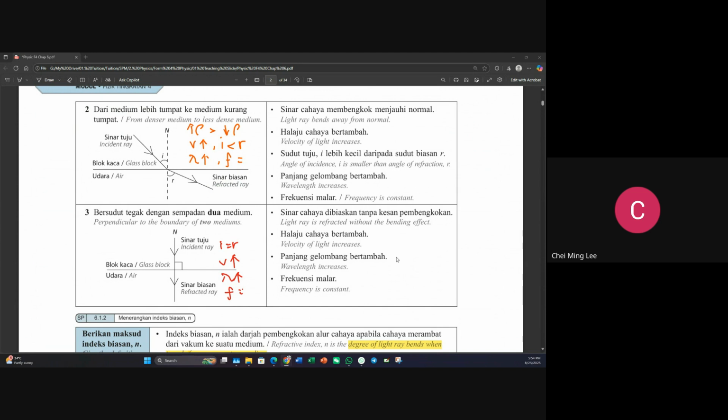Now I'm moving from denser and going up. In denser, a lot of people block me. Less dense means fewer people block me, so I can drive faster. Same goes here, the velocity goes faster. But it's okay because it already shows you. A glass block is of course denser than air.